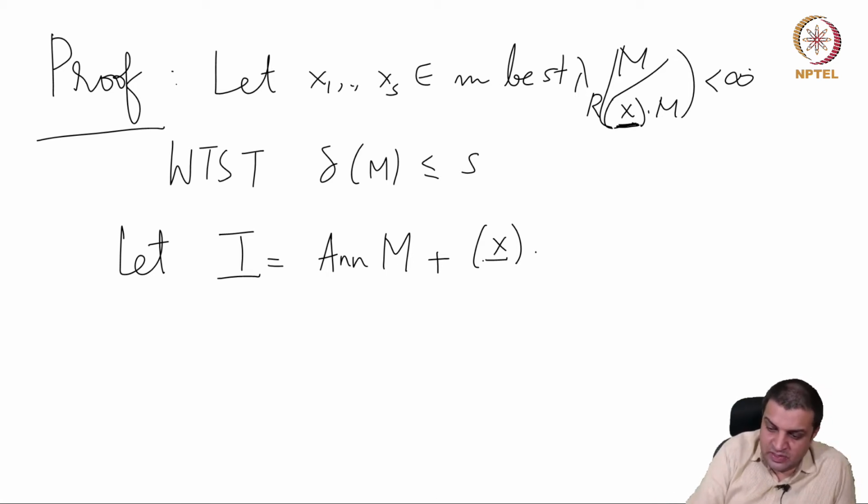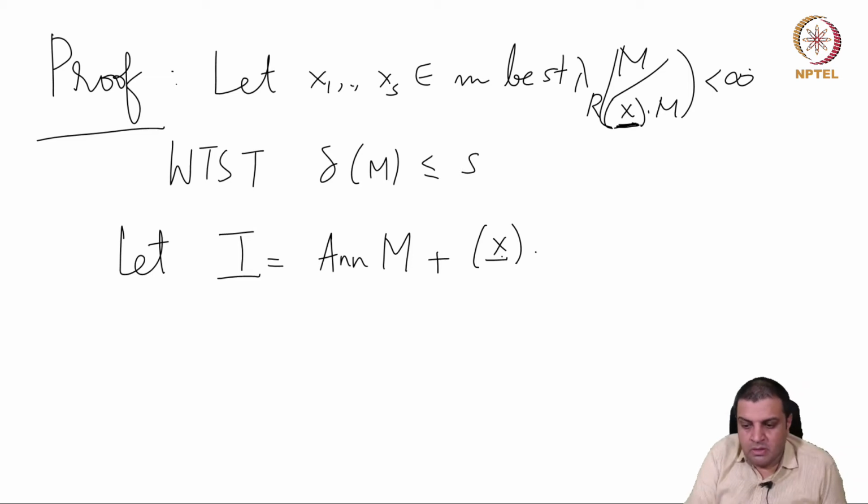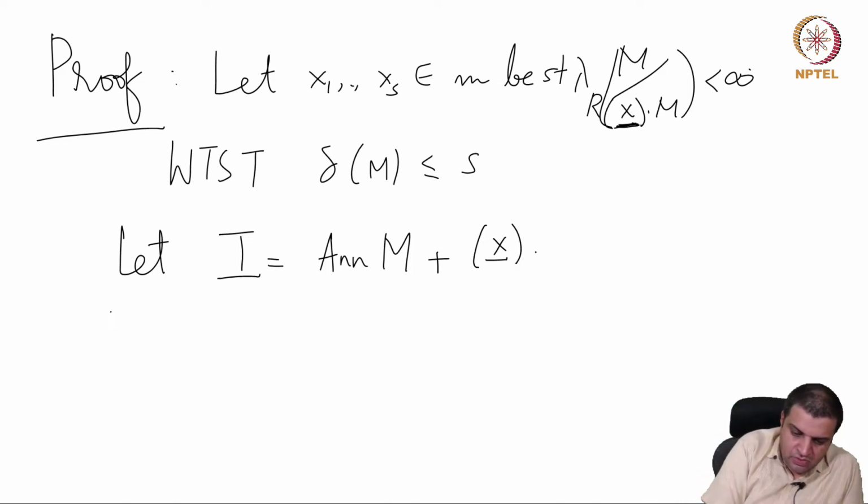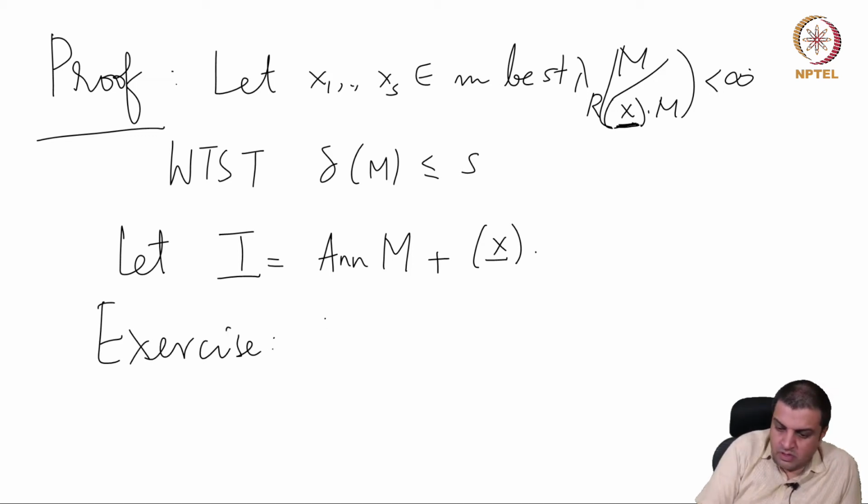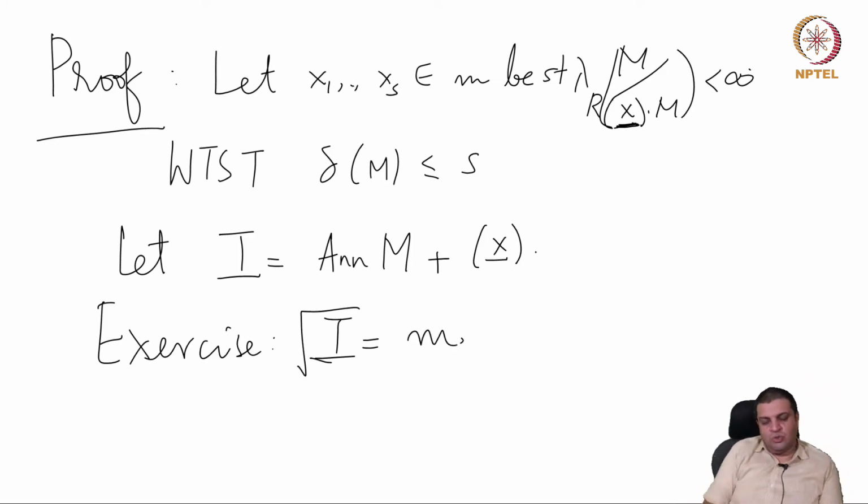In fact, a sequence like this will have this property if and only if the annihilator of M plus the ideal generated by that sequence is m-primary. So exercise: the radical of I is m. So we can try to determine delta of M by looking at the Hilbert-Samuel polynomial for this I.